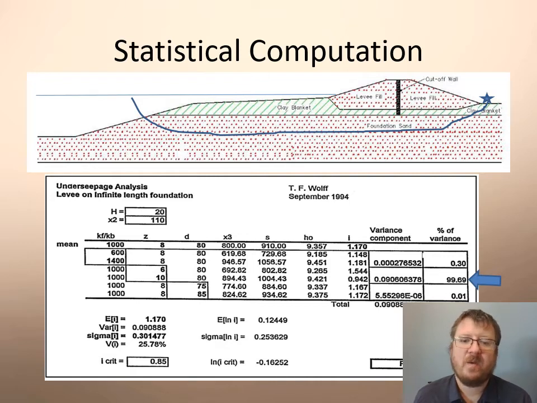We vary those plus and minus from the mean, run our calculations, and calculate if we have a factor of safety less than 1. This would be an intermediate node, and in this case we have an 87% chance that the factor of safety is less than 1.